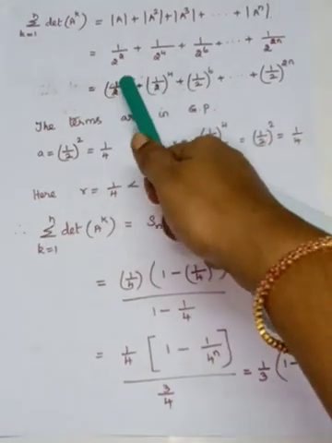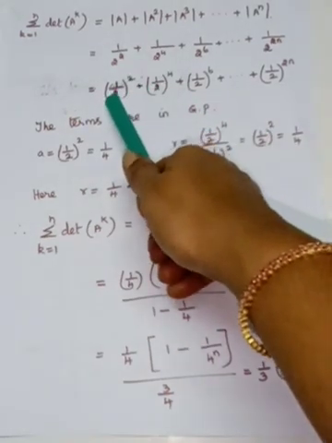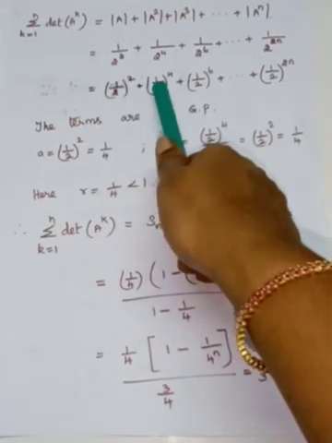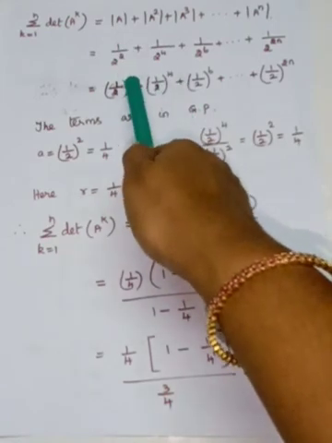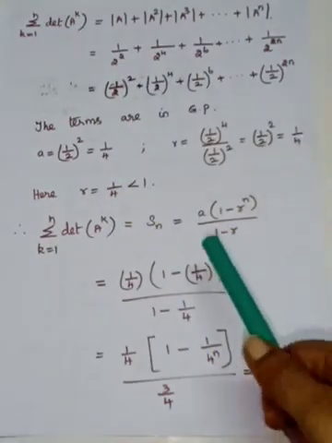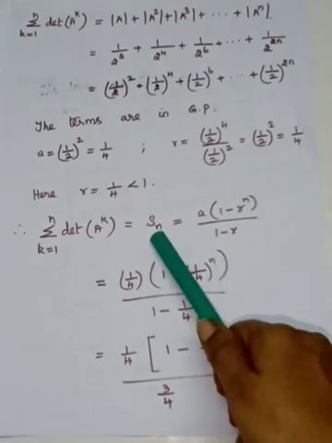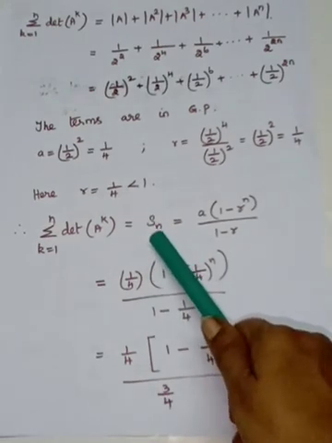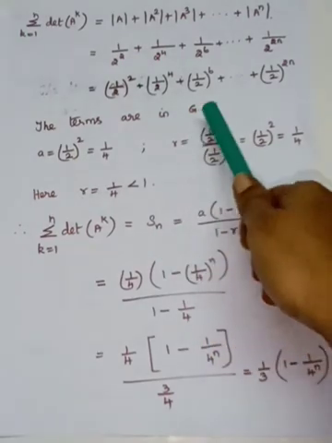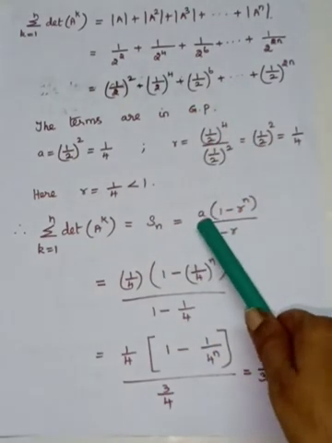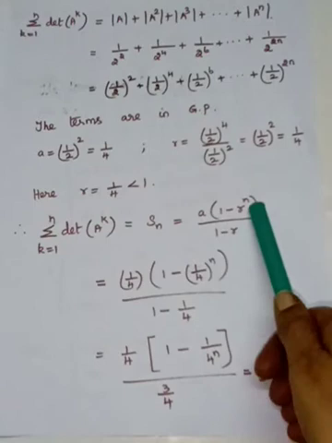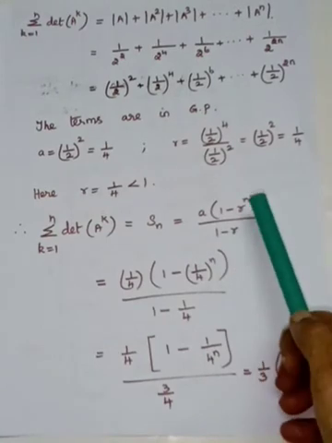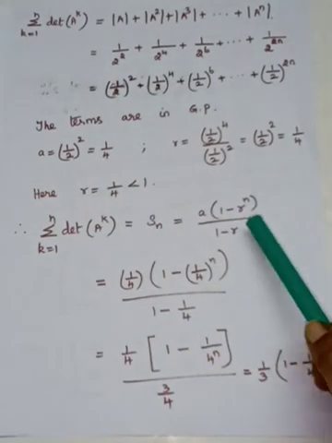Okay, so see, this can be written as 1 by 2 squared, the whole square, starting from 1 to n. So it is Sn. The sum of the n terms which are in GP is equal to A into 1 minus r power n divided by 1 minus r, because your r is less than 1.